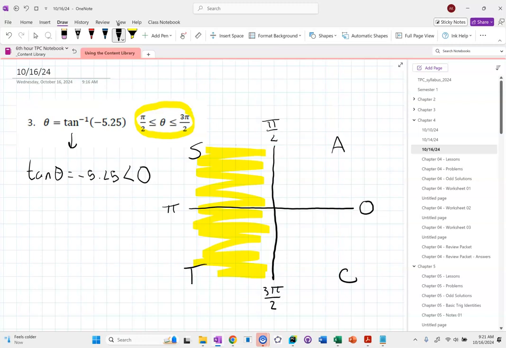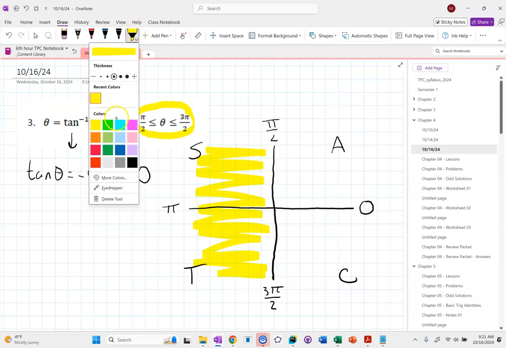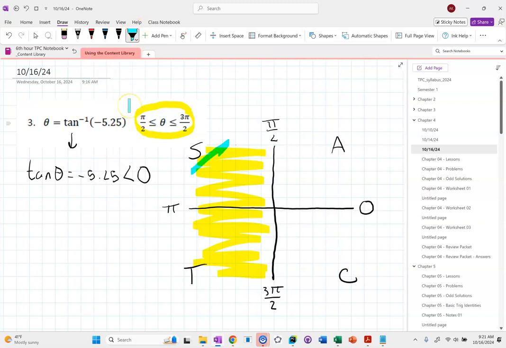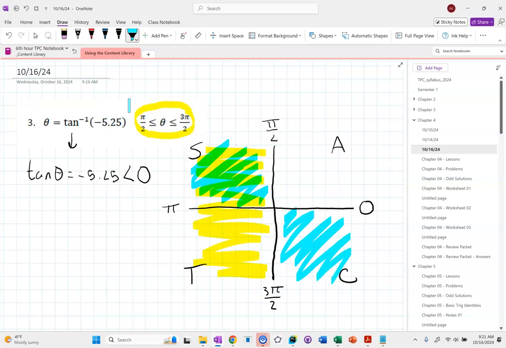A, all of the trig functions are positive. S, sine is positive, so if sine is positive, the other 2 are negative. T, tangent is positive. I don't want that because my tangent is negative. And then C, cosine is positive, so the other 2, sine and tangent, are negative.